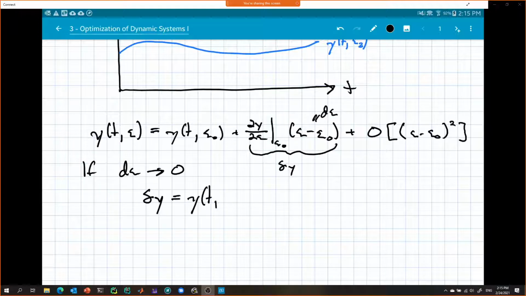As d epsilon goes to 0, we define the variation of y as y of t, epsilon minus y of t, epsilon naught, which, if this goes to 0, is equal to this up here.